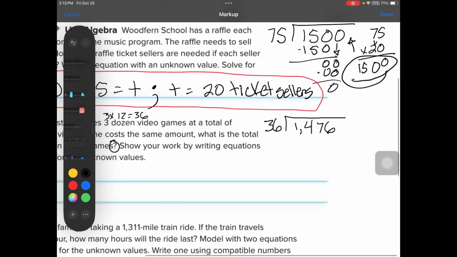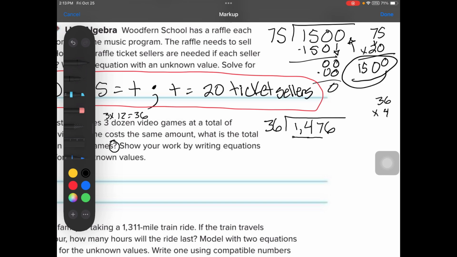Okay, 36 will not go into 1. It will not go into 14. So we're going to have to put 36 into 147. So let's just do a guess and check. So I'm going to do 36 times, we'll just say 4.